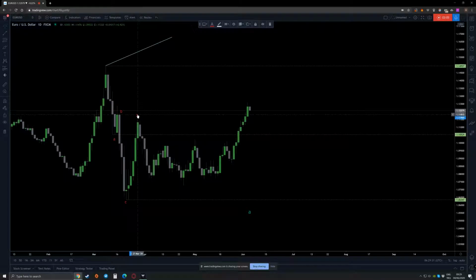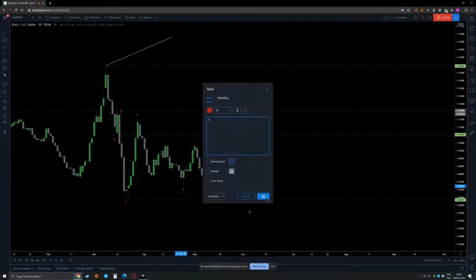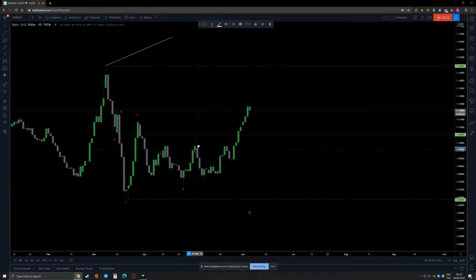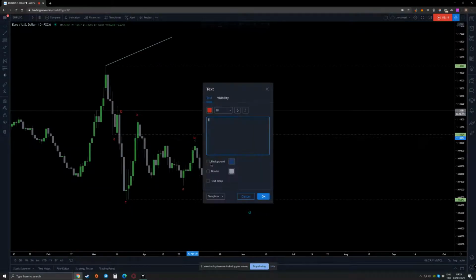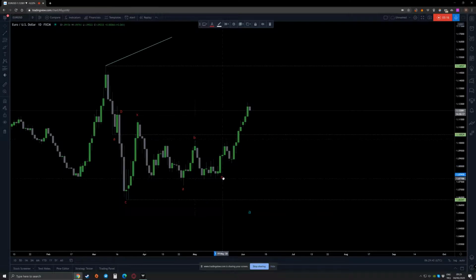Now after this X, what do we have? Well, it looks like we have some type of triangle formation. It does look to me like this: A, B, C, and a D, and an E wave.